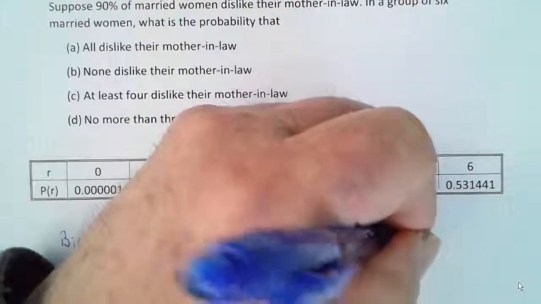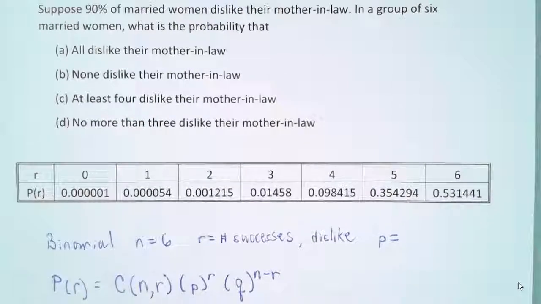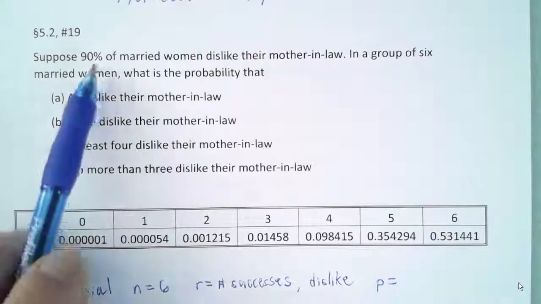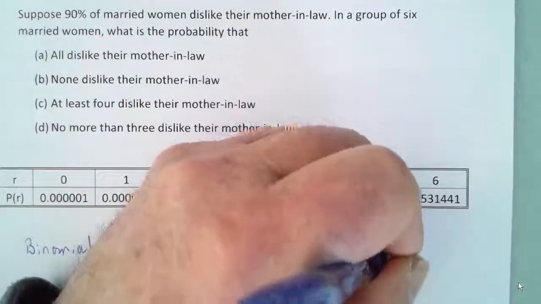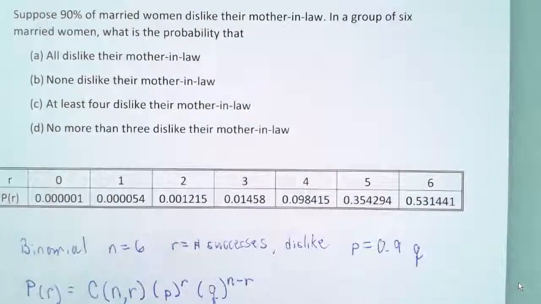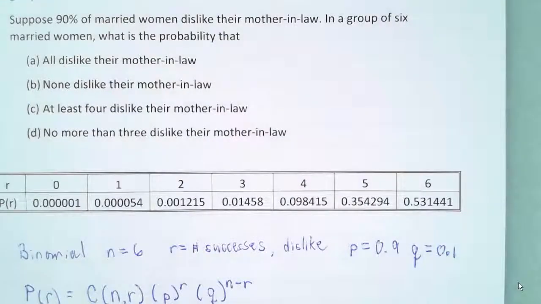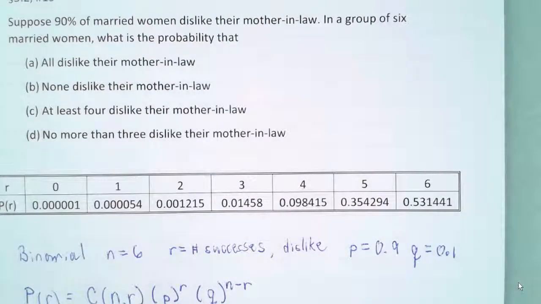P, the probability of success, is in this case 90%, so 0.9, which makes the probability of failure, of course, 0.1 or 10%. Those 2 must add to be 1.